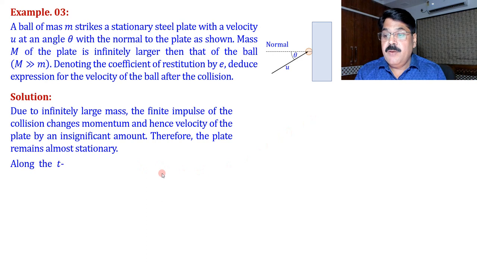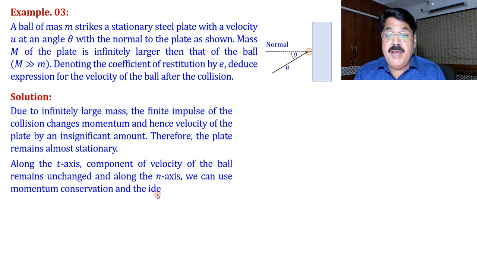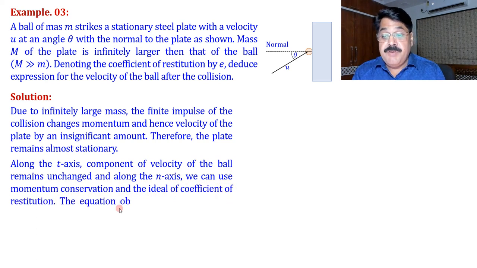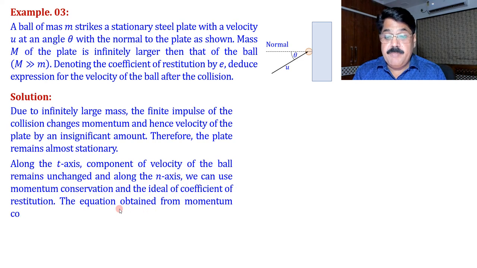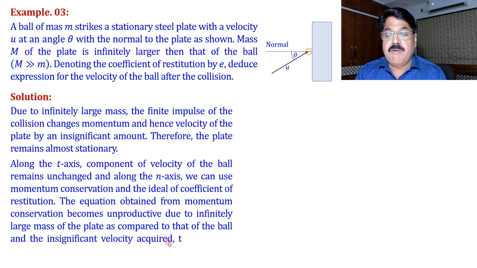Along the t-axis, the component of velocity of the ball remains unchanged, and along the n-axis, we can use momentum conservation and the idea of coefficient of restitution. The equation obtained from momentum conservation becomes unproductive due to the infinitely large mass of the plate as compared to that of the ball and the insignificant velocity acquired.